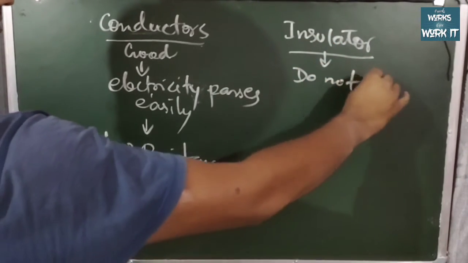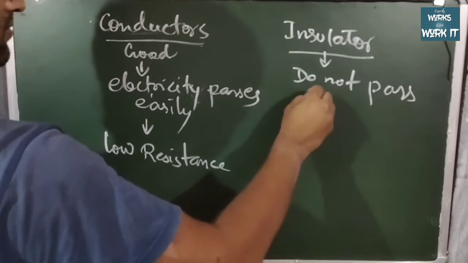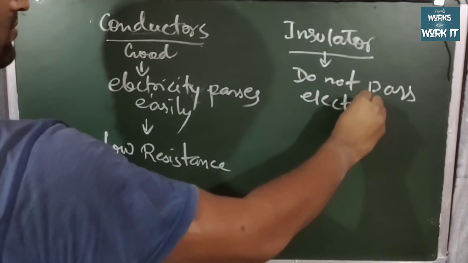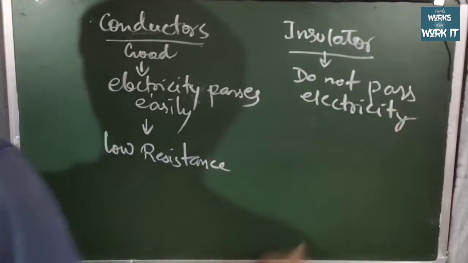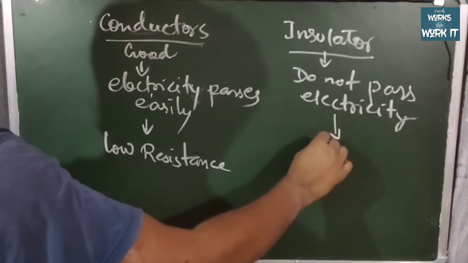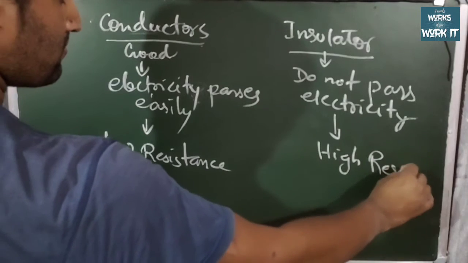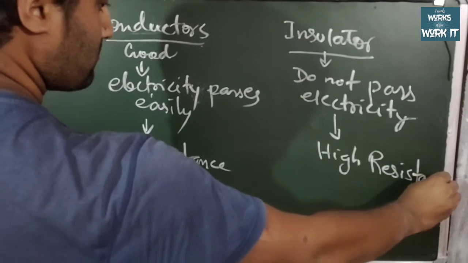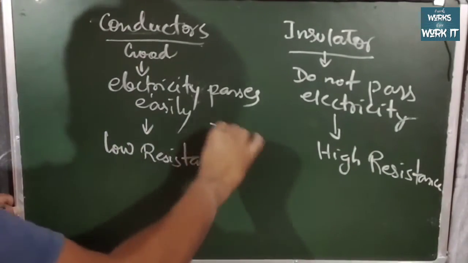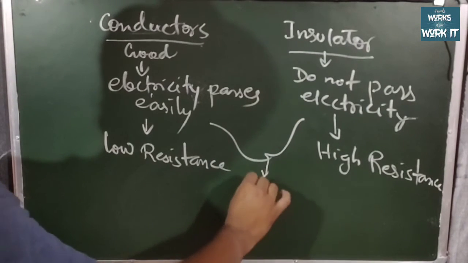And when we talk about insulators, they do not pass electricity easily. This means that the resistance is high. That's why there is a problem in passing electricity.